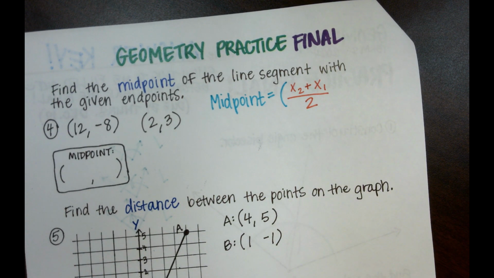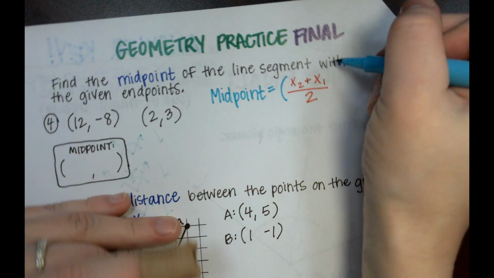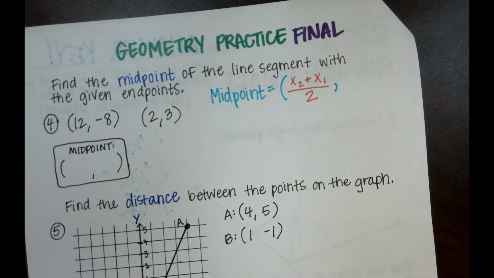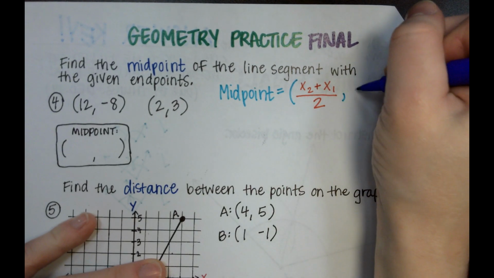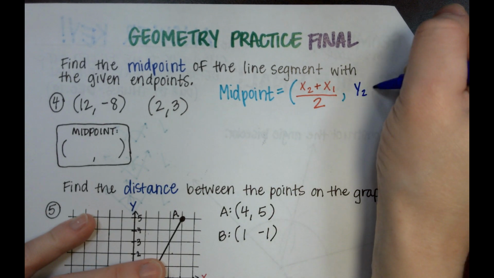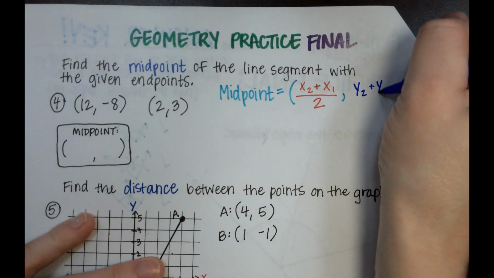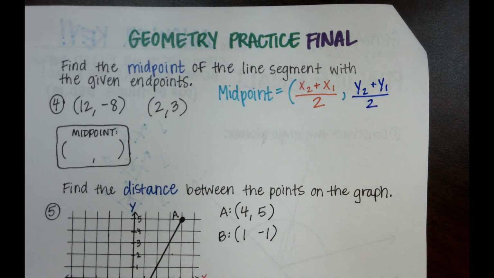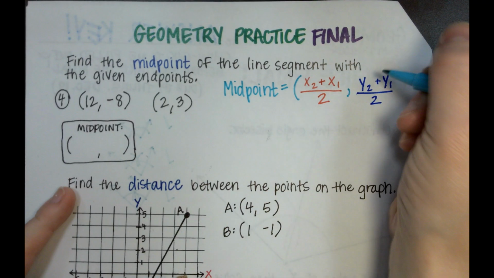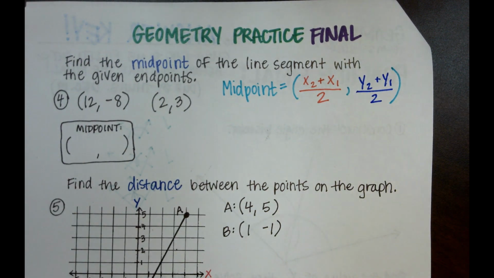And then the same thing with y: y2 and y1 divided by 2. And our midpoint is going to be a coordinate. We'll have an x value and a y value.